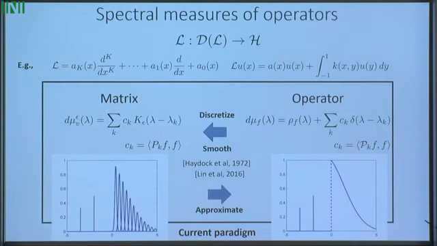Something else, another improvement on this method: if you're uncomfortable with approximating continuous measures or even a nice density function with a sum of Diracs, you might think a reasonable strategy would be to discretize and smooth the measure of the matrix.